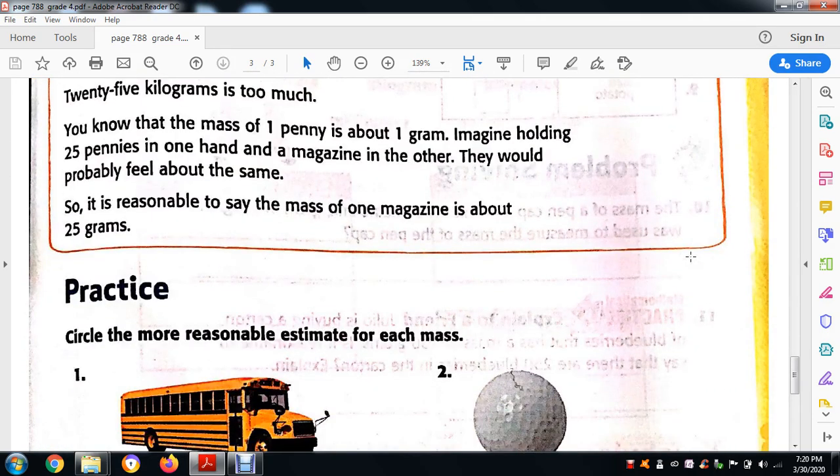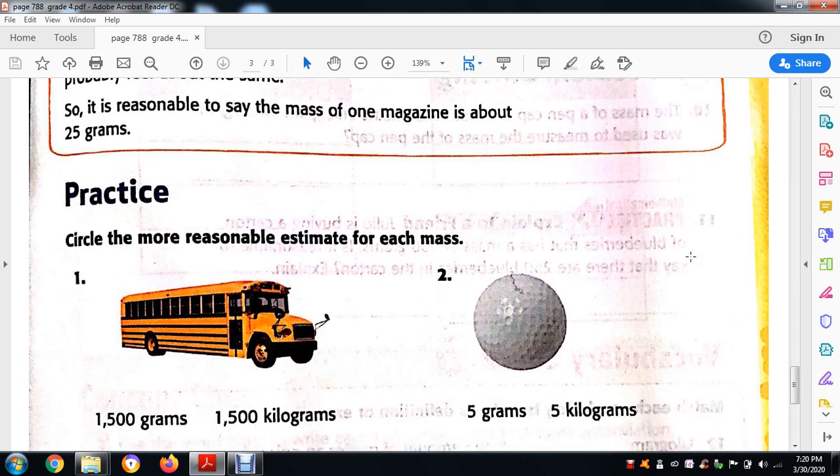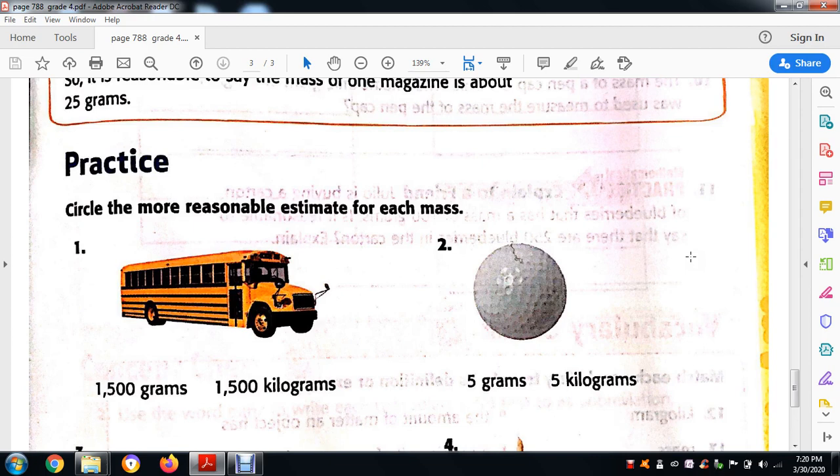Now in homework, my dear students, we have the same question. Circle the more reasonable estimate for each mass. Page number 791. This is your homework. In question number 1, there is a school bus.